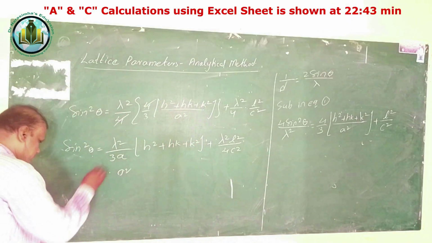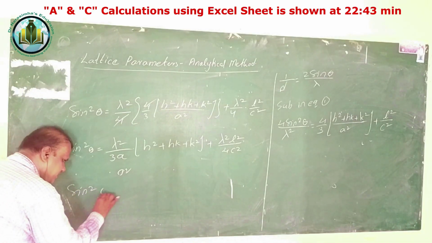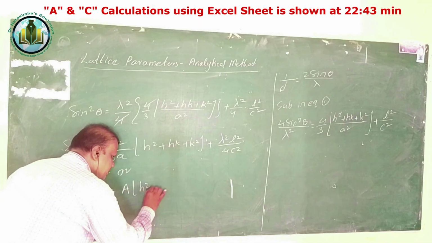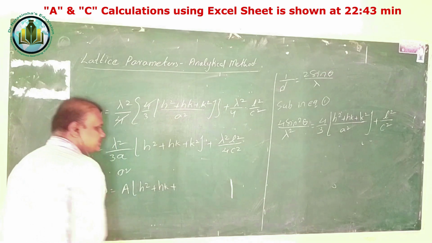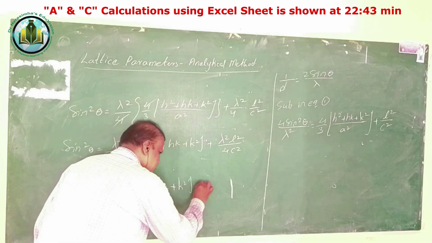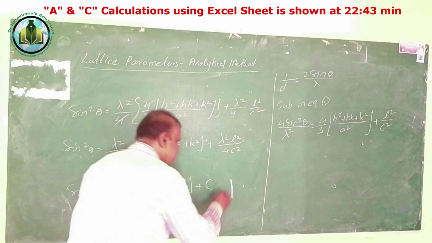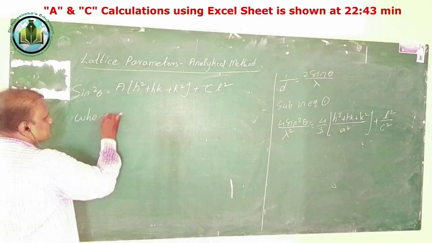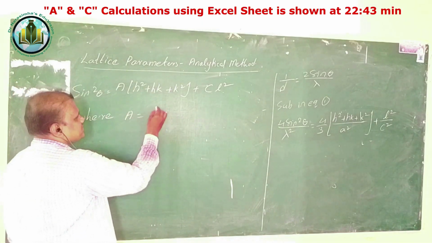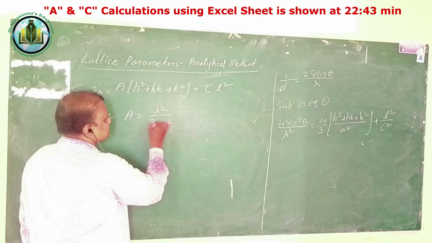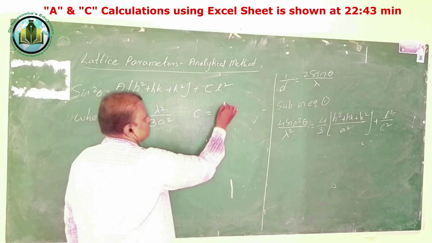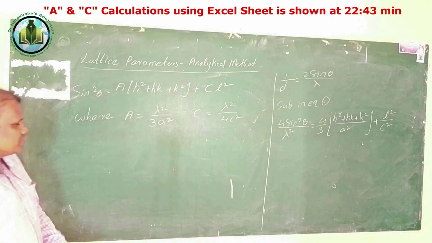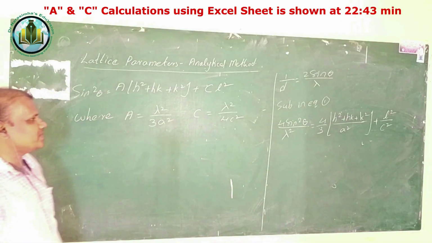Or I represent this equation as sin square theta equals a constant capital A into (h square plus hk plus k square), plus a constant capital C into l square, where the constant capital A is lambda square by 3a square and the constant capital C is lambda square by 4c square. Here small a and small c are the lattice parameters.